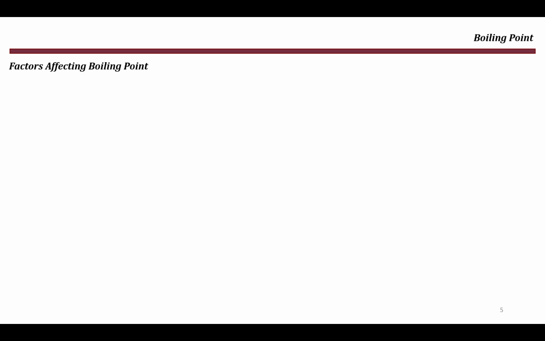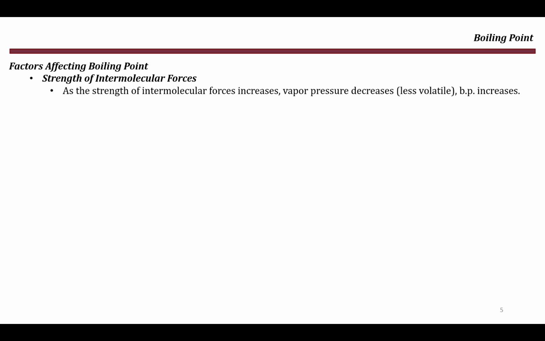What are the factors that affect the boiling point of an organic compound? The first and the most important factor is the strength of the intermolecular forces. As the strength of the intermolecular forces increases, the vapor pressure of the liquid will decrease. The liquid is said to be less volatile and consequently the boiling point increases. Why is that?